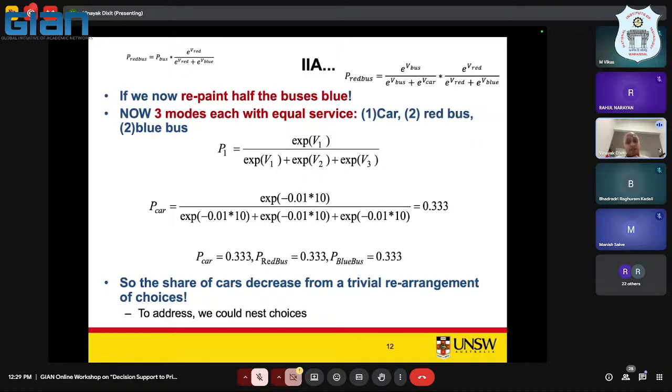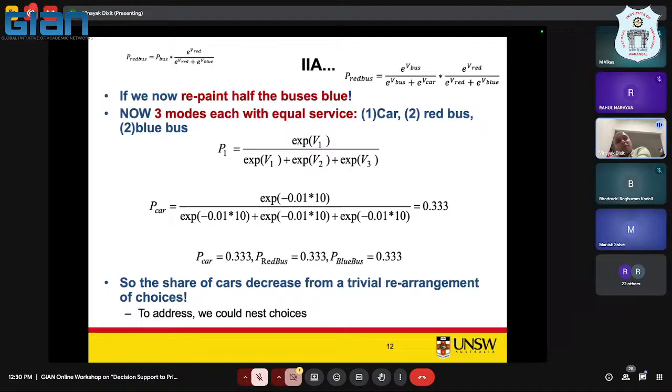Still, what you would do is something like this. First, the choice is between a car and a bus. And then once you choose a bus, you're going to have e raised to power v luxury divided by e raised to power v luxury plus e raised to power v normal. Because there is a fundamental first piece of a choice which people make about whether they're going to choose a bus or a car.